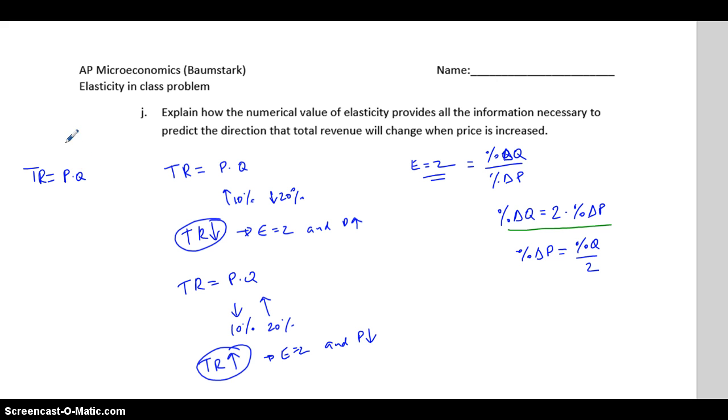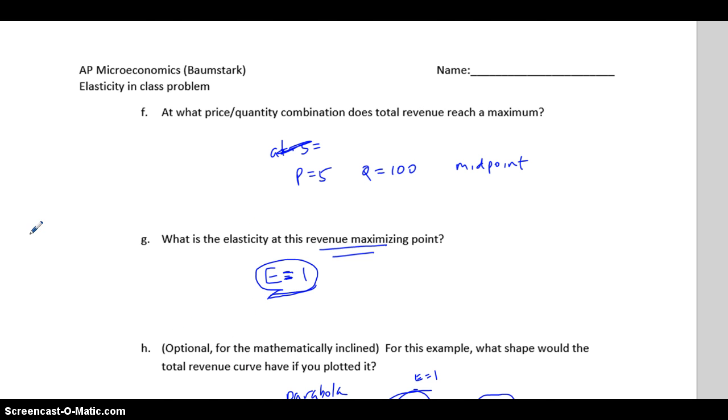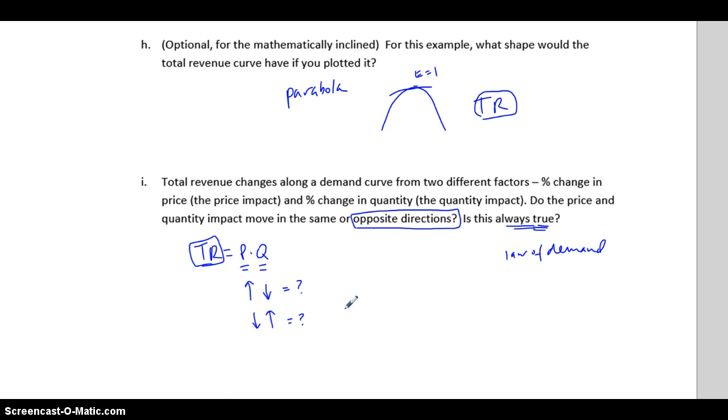So when we think about this, we're going to think about the price effect and the quantity effect. And both of these are important. In the prior question, I asked, which one wins, price effect or quantity effect?